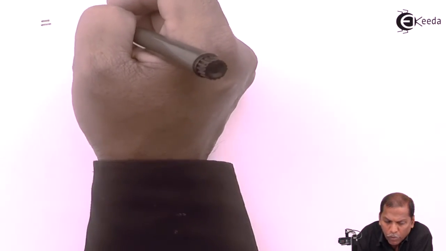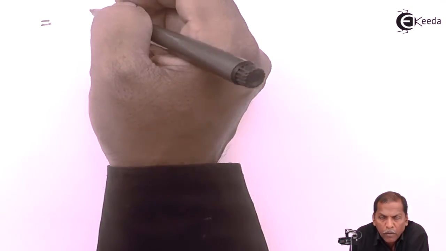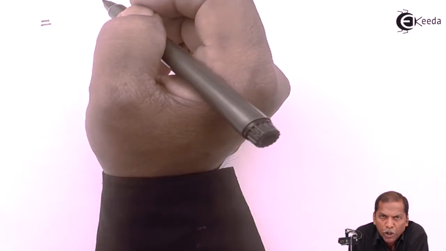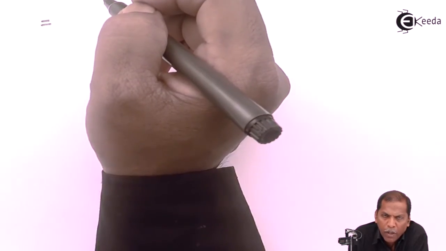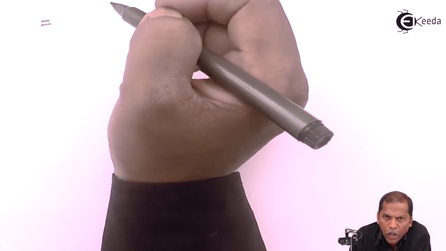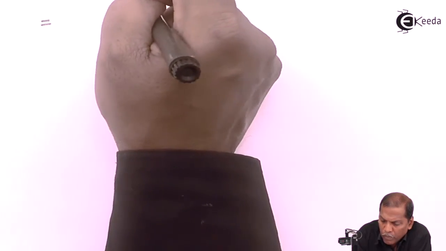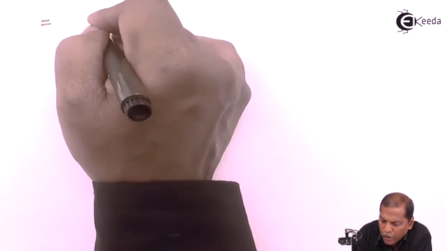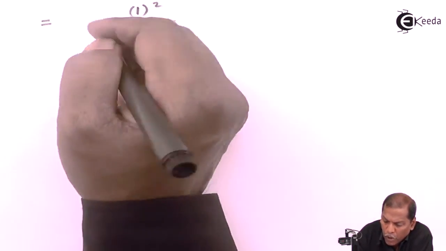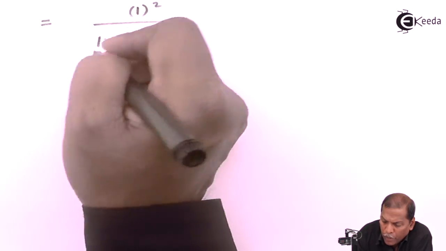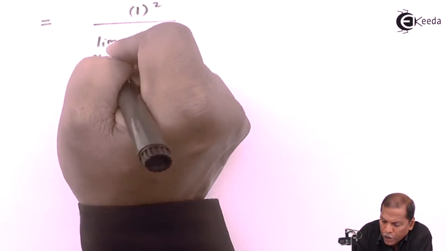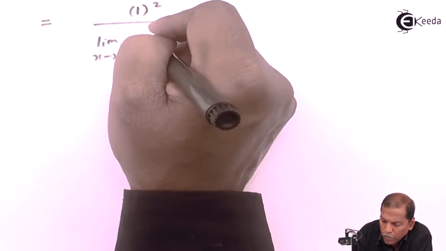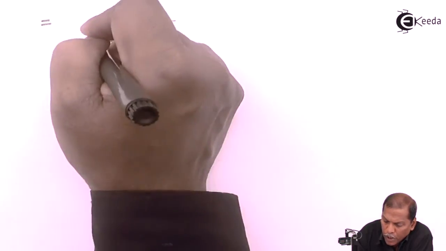So now the numerator gives us the limit as x tends to 0 of (e^x - 1) upon x, that is log e, which means 1, the bracket squared, upon, in the denominator, the limit as x tends to 0 of e^x.